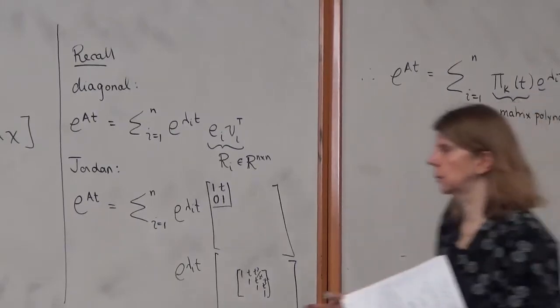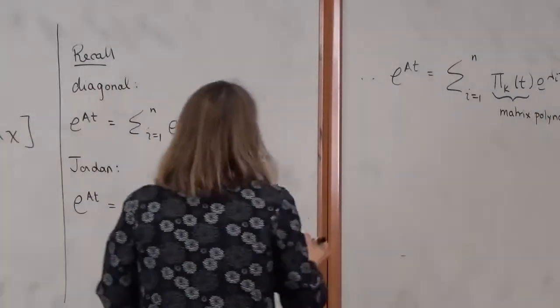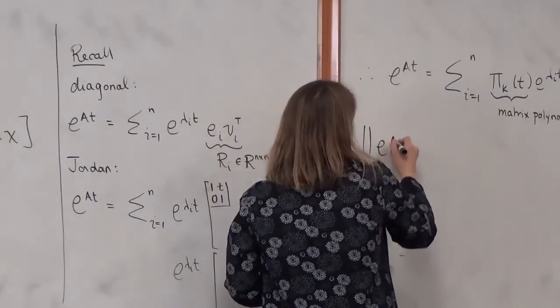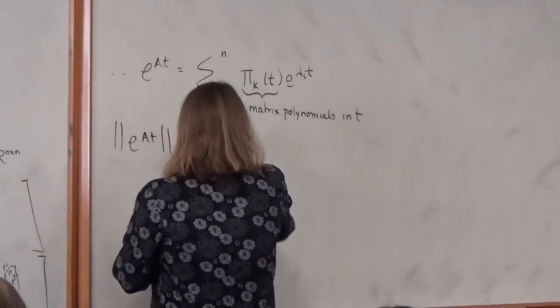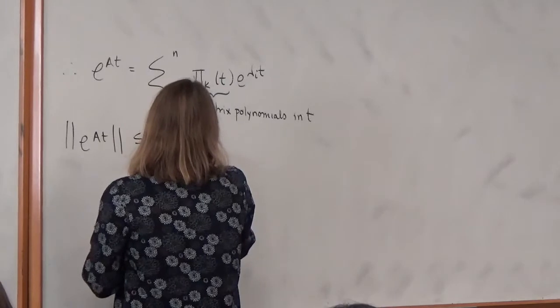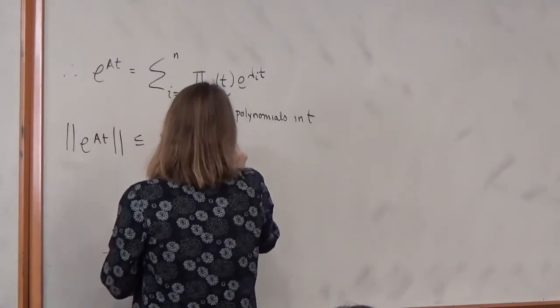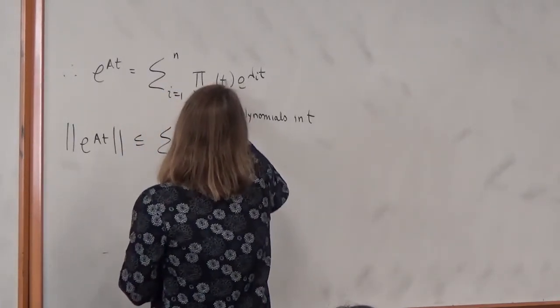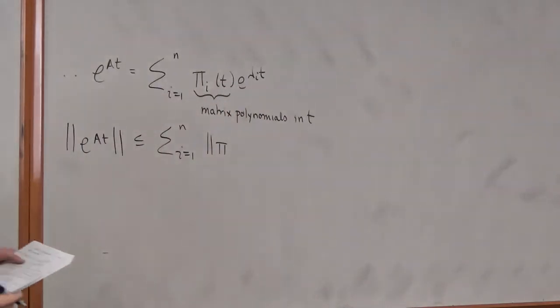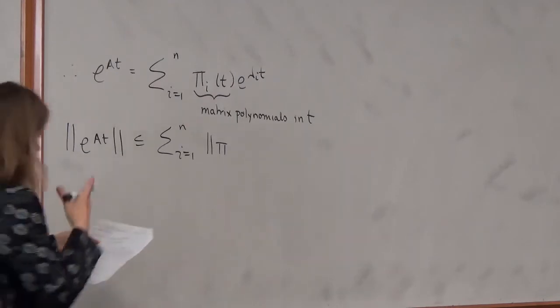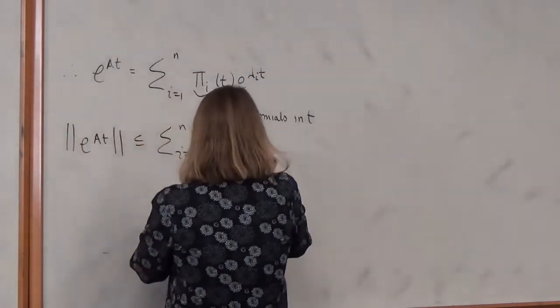All right, now going back to what we want to do, now we can just move forward with this. So the norm of e to the At is less than or equal to the summation from i equals 1 to n of the norm of P_i. Sorry, I'm mixing up my i's and k's, so I used k as the index in the notes on the board. I don't know why I'm doing that, but we'll follow through.